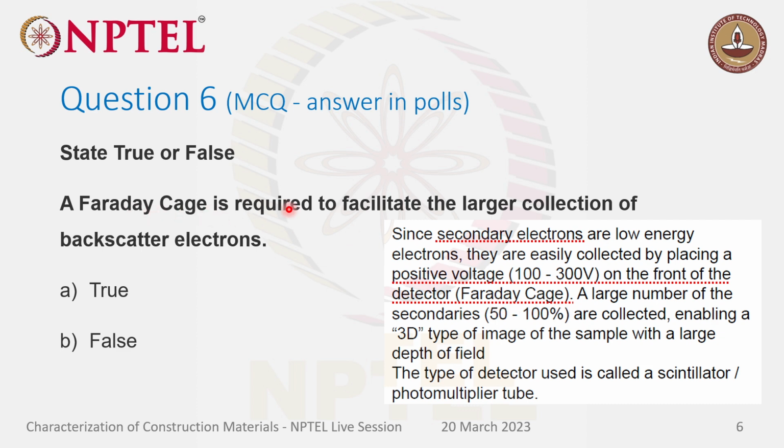So the Faraday cage is used for secondary electrons, not backscattered electrons. The type of detector used is called a scintillator, or photomultiplier tube.